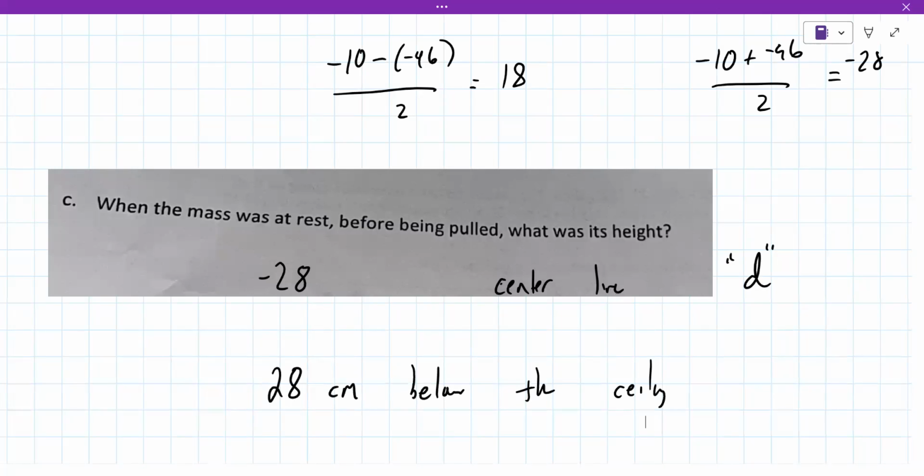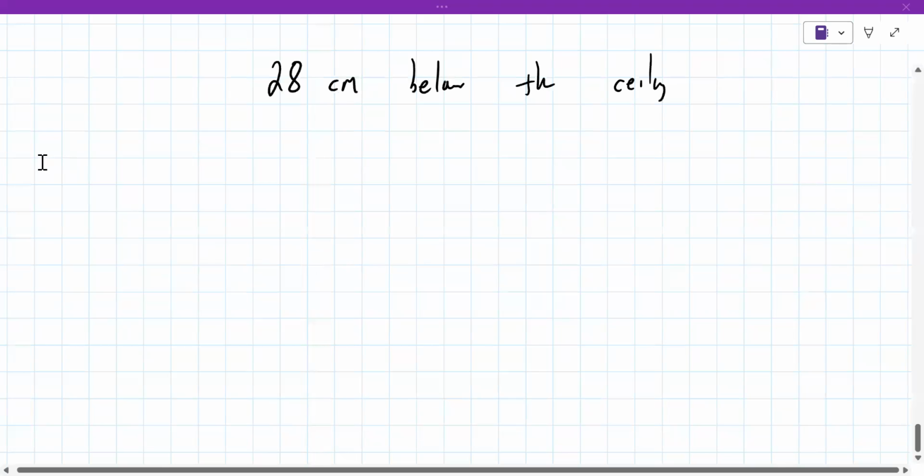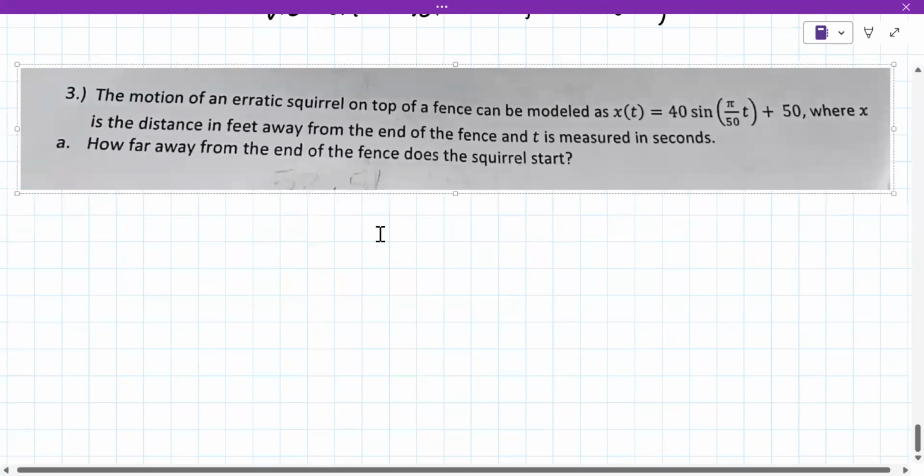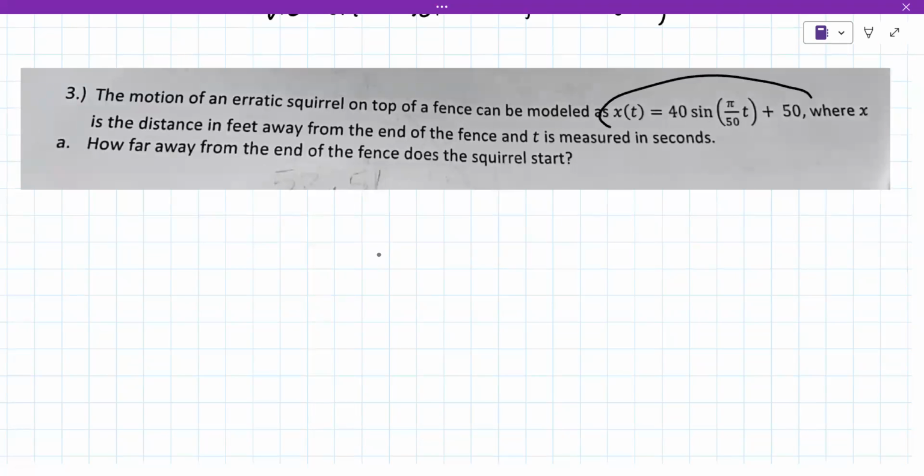All right. So number 3 here, another equation. It looks like you're going to get one problem graphing or writing a piecewise function and one sort of harmonic motion. So they're just giving you another situation. Really, the thing to focus on is this right here. It'd be nice to label all the stuff. What is the 40?